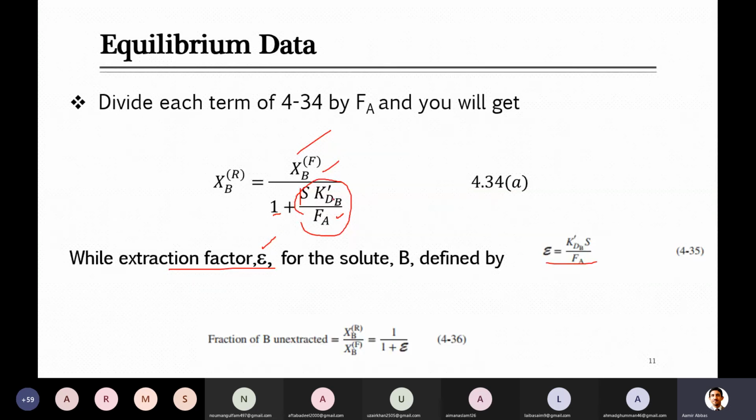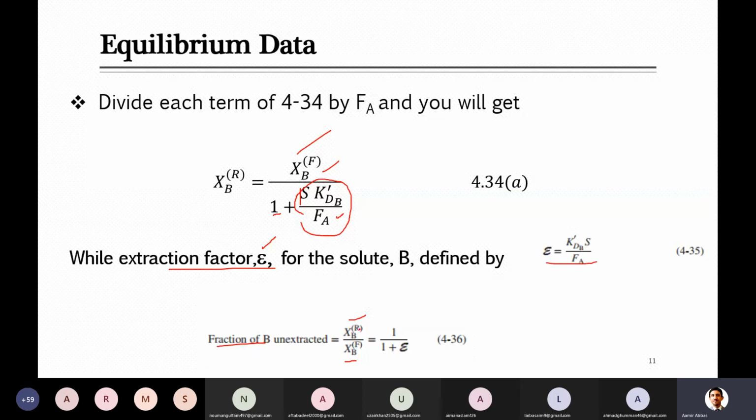So if you replace this in the equation, xbr is equal to xbf over 1 plus epsilon. Then if you take the ratio between xb in the raffinate stream and xb in the feed stream, that will be the fraction of B unextracted.